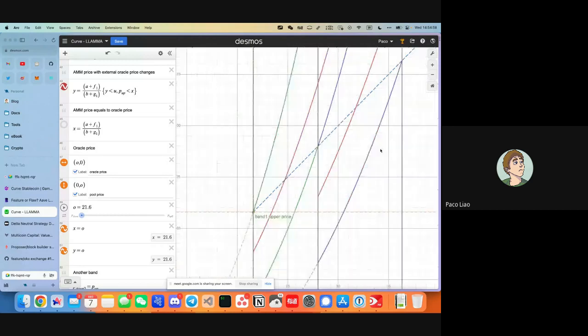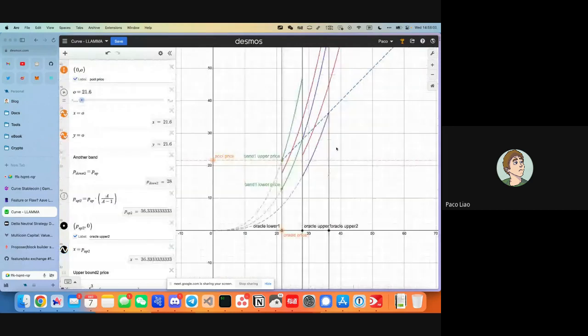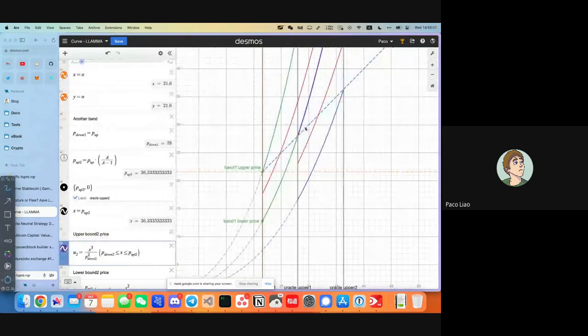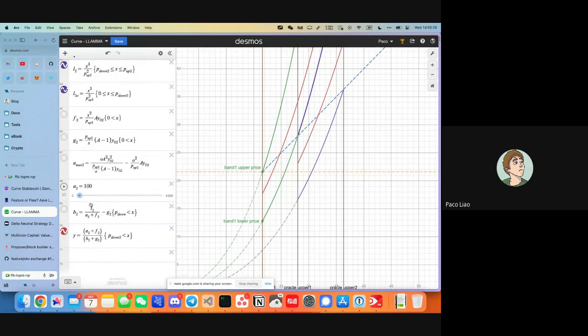But there will be a second range, band 2, like the purple line. So people will trade in the second range, the purple line. This is the P up of the second range and P down of the second range. And there's another red line.